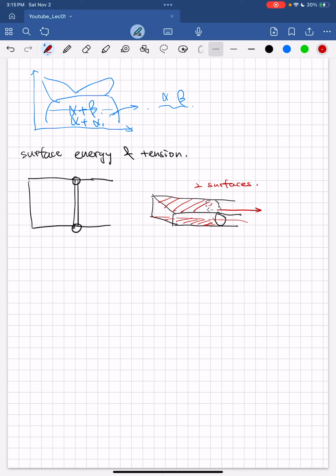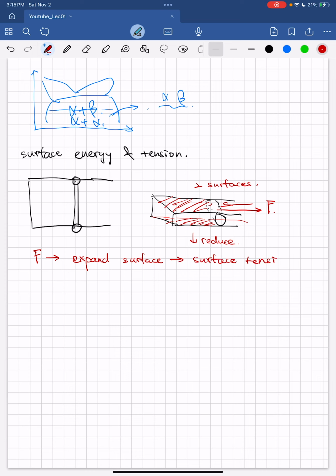And now you're gonna pull or even push this rod, and these two surfaces are going to reduce, okay? And the force needed to expand these surfaces is surface tension.